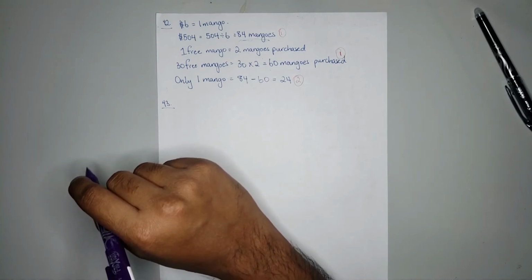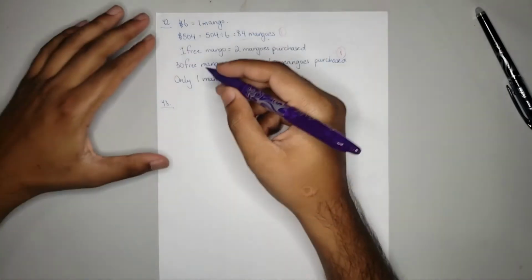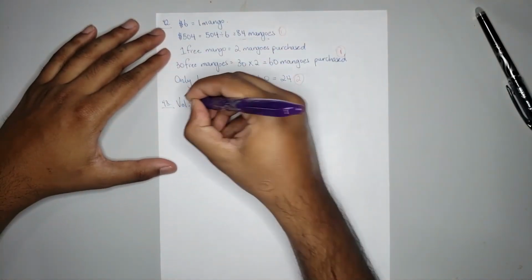Number 43 now states, the box below contains some cubes. Each side measures 2 centimeters. How many more cubes of the same size are needed to completely fill the box? So what we can do is calculate the volume of the box.